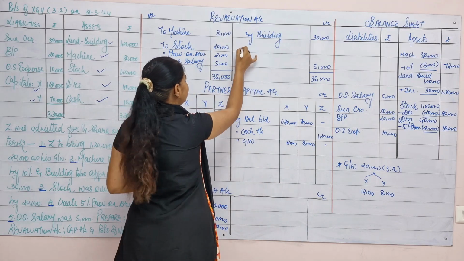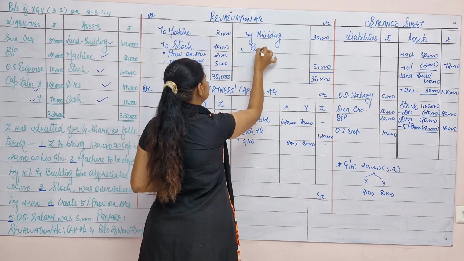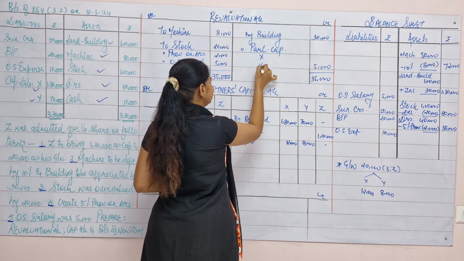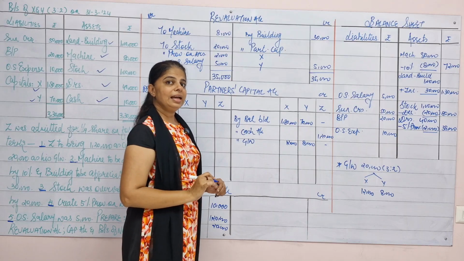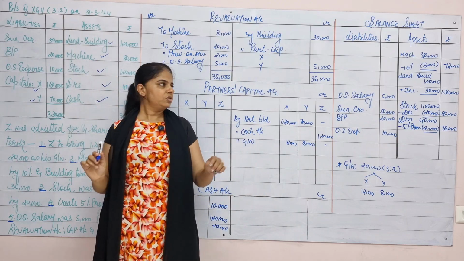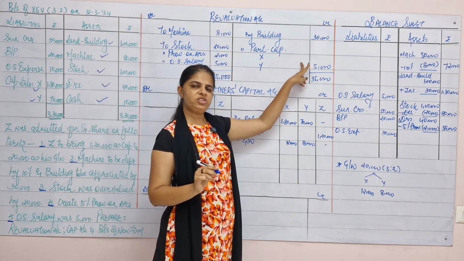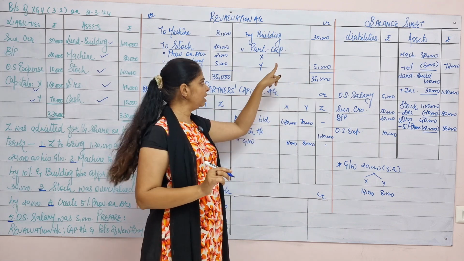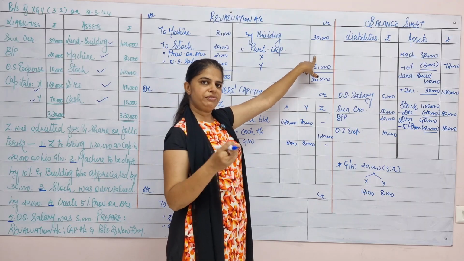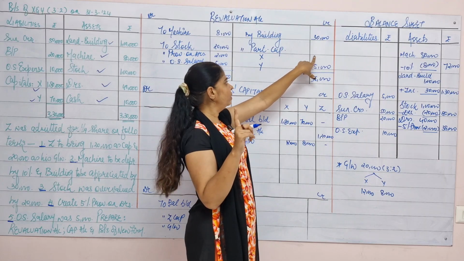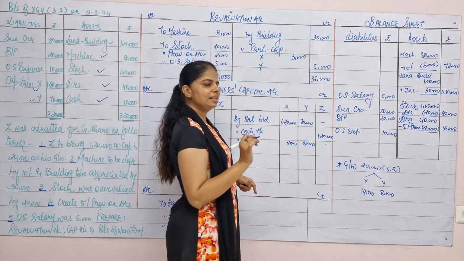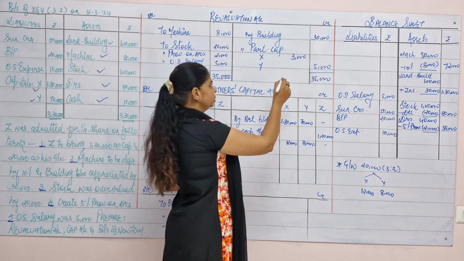So this will get cross entered by partners capital account. Existing partners were X and Y and their existing ratio was 3:2. So this 5,000 will get distributed in 3:2 among both of them. 5,000 upon 3 plus 2, 5. It is 1,000. 1,000 into 3, 3,000 will go to X and 1,000 into 2.